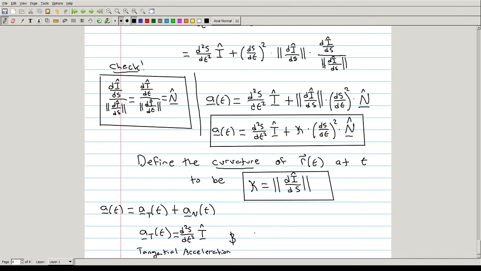And the normal acceleration is the curvature at a given point along the curve multiplied by the square of the tangential velocity multiplied by the unit normal vector. So this is called the normal or centripetal acceleration.